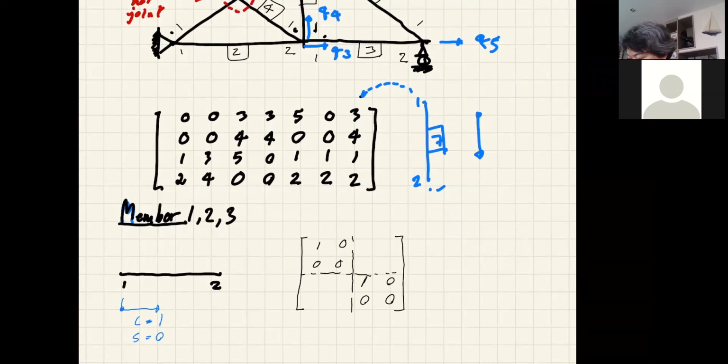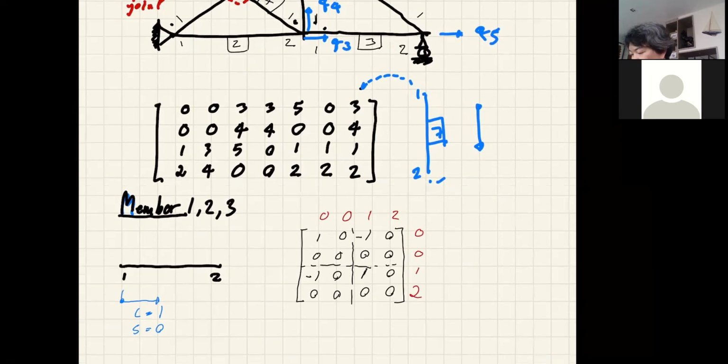And you know, the rest should be opposite, so it's minus 1, 0, 0, 0, minus 1, 0, 0, 0. So for the first one, okay, use our code. It's going to be 0, 0, 1, and 2, 0, 0, 1, and 2.